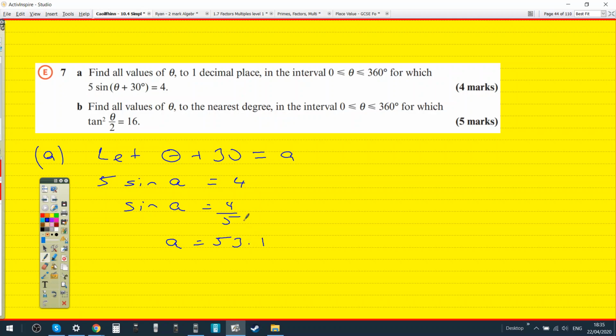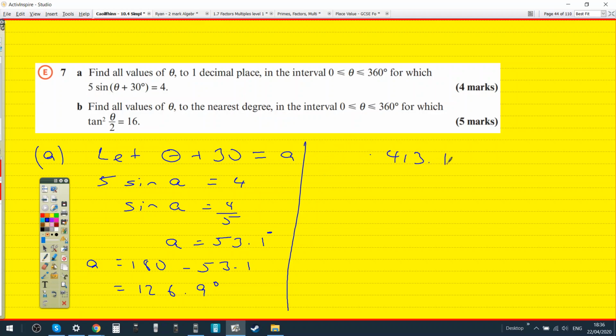Then do 180 minus that, which is 126.9. And then we add 360 to 53.1, which is 413.1.